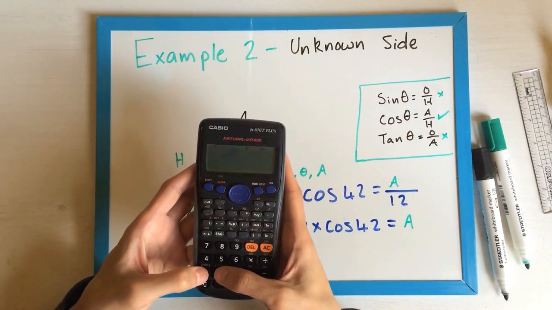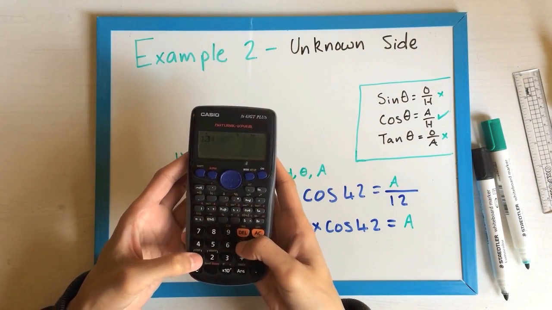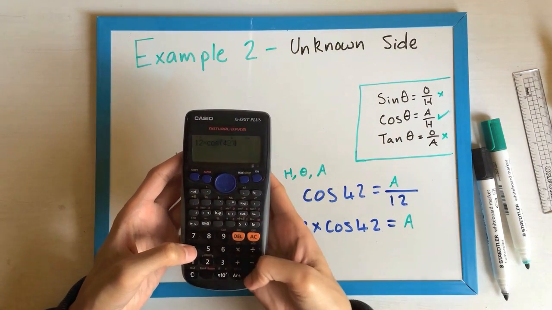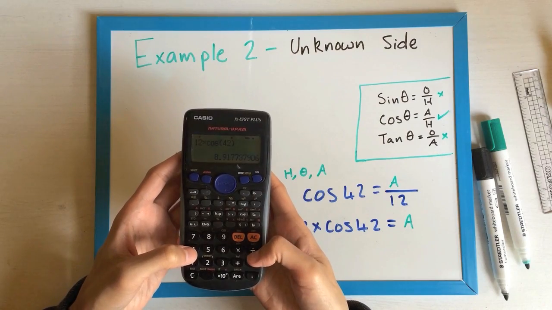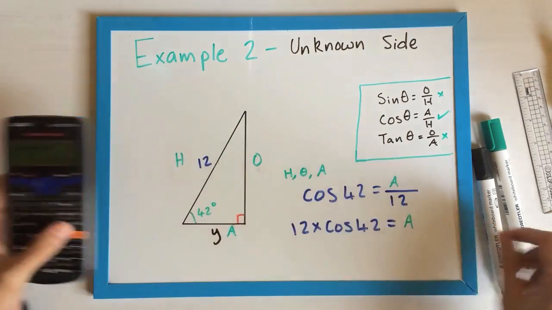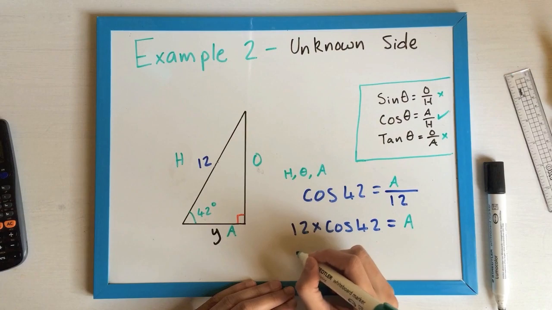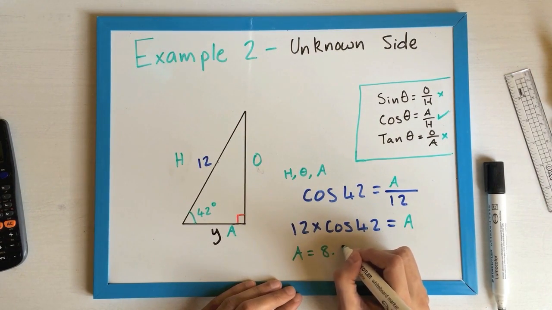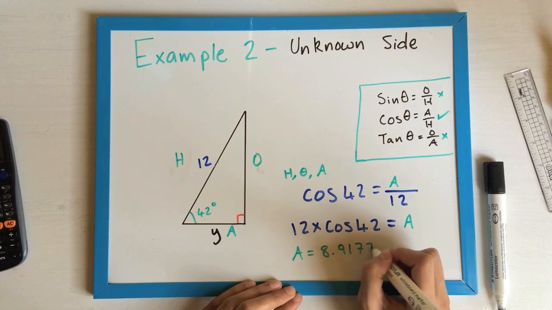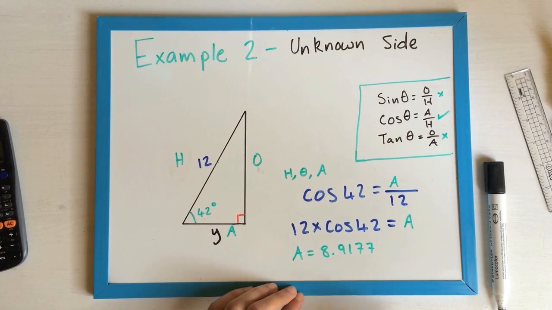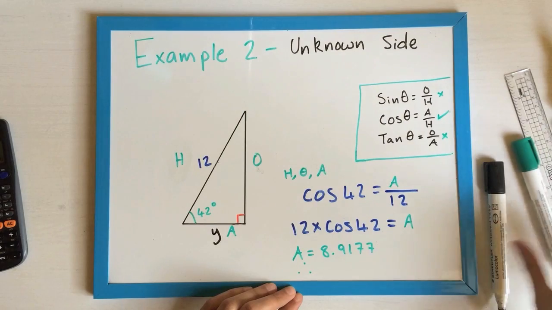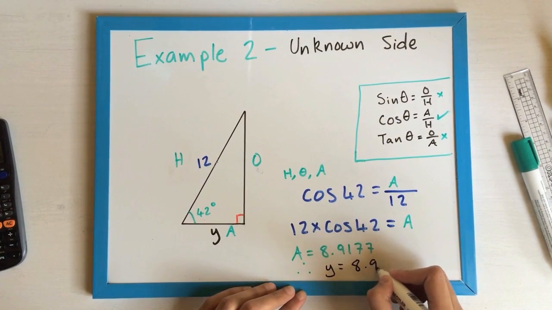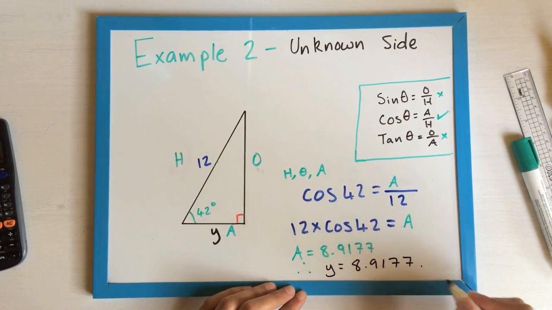Putting this in the calculator, 12 times cos of 42 gives us 8.9177. So our adjacent is 8.9177. Therefore, y is equal to 8.9177.